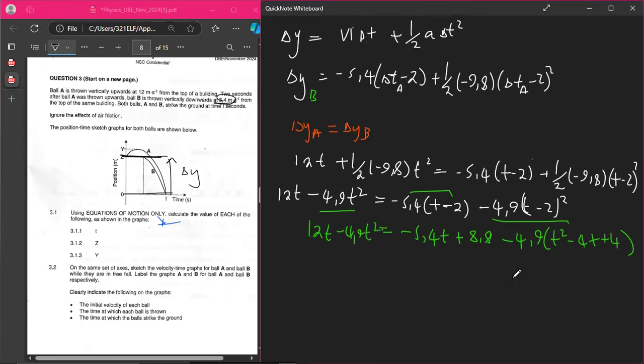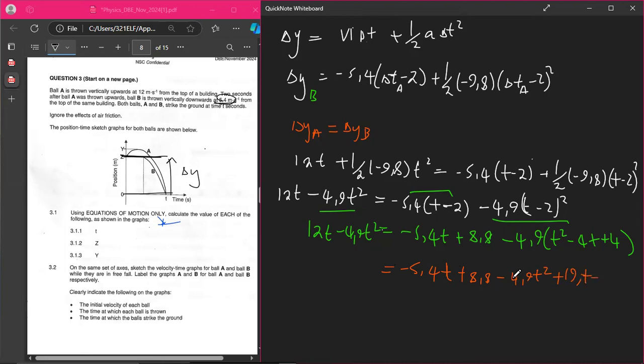Okay, proceeding with this, I will now finally have a t value. How much is going to be my t value? I'll have negative 5.4t plus 8.8, then minus 4.9t squared, plus 19.6t.